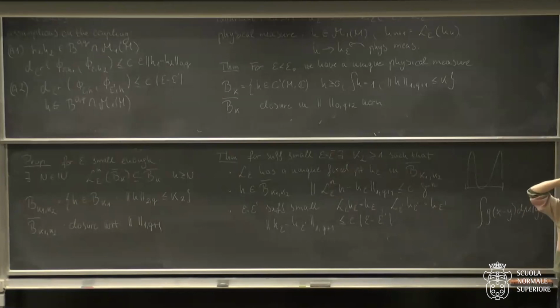So if I take H from anywhere in the space of probability measures, it's going to converge to the physical measure, right? But the speed might not be exponential. That's right.